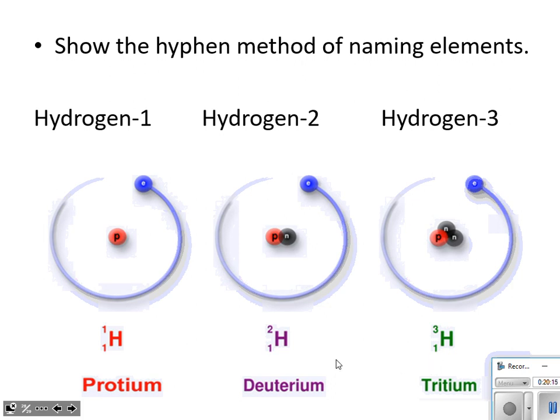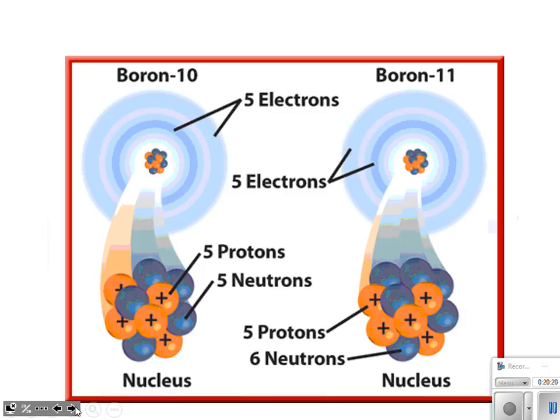Now, this last slide I'm going to show you here is just reinforcing what you just did. Here is boron 10. Okay, don't look at anything right there but boron 10. Find boron on your periodic table. How many protons does boron have? Boron has 5 protons. So boron 10 has how many neutrons? 5. Boron 11 on the right-hand side there. How many protons does boron 11 have? 5. How many neutrons does boron 11 have? 6.